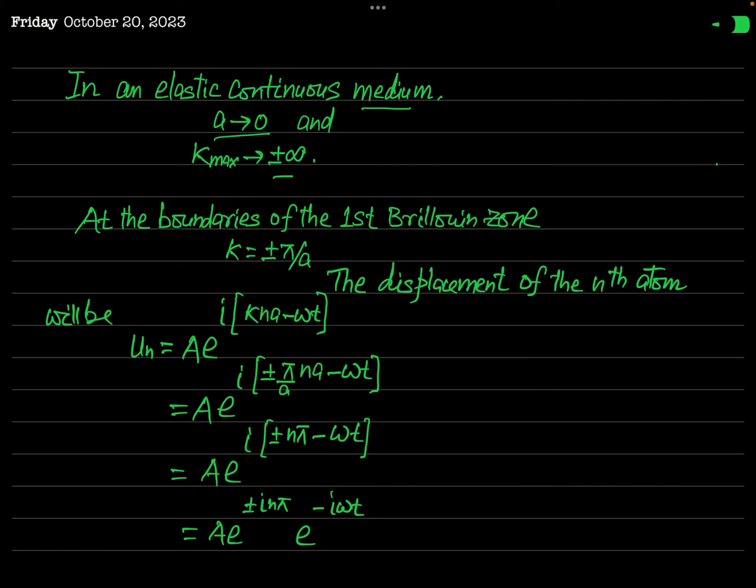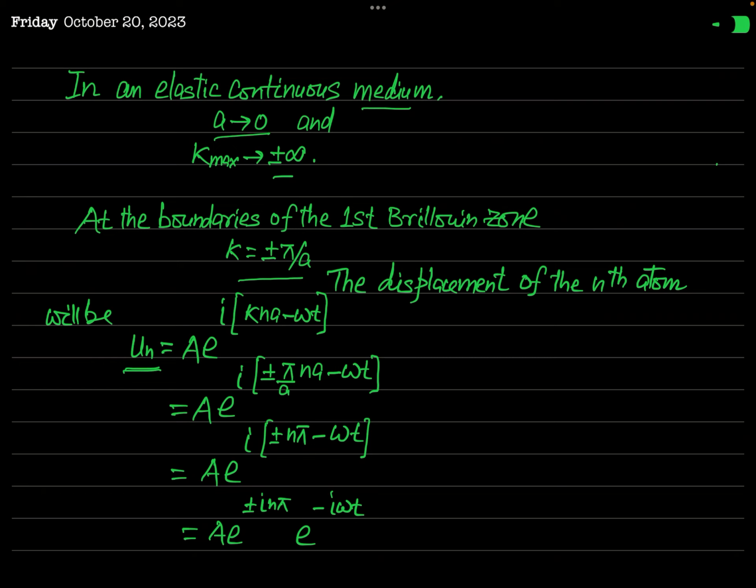Again at the boundary of the first Brillouin zone, you have seen that k is equal to plus minus pi over a. So now we are going to find the value of un, that is the displacement of the nth particle, at the boundaries of the first Brillouin zone.